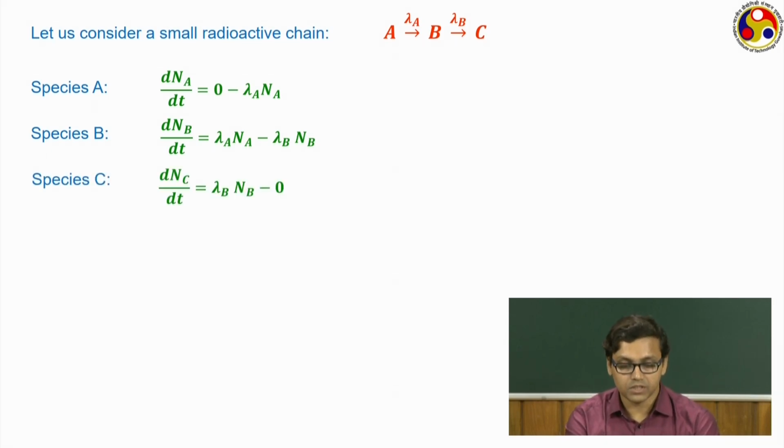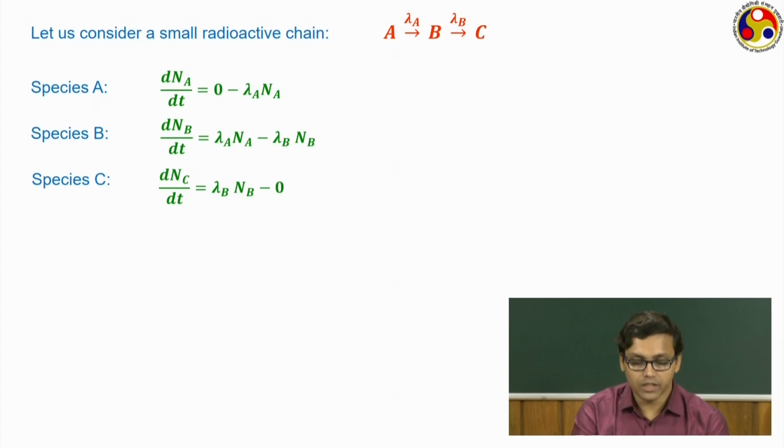And finally, the species C, where there is only generation, but no further decay, as in this elementary chain we are considering C to be a stable isotope, and accordingly we get this particular rate of equations.